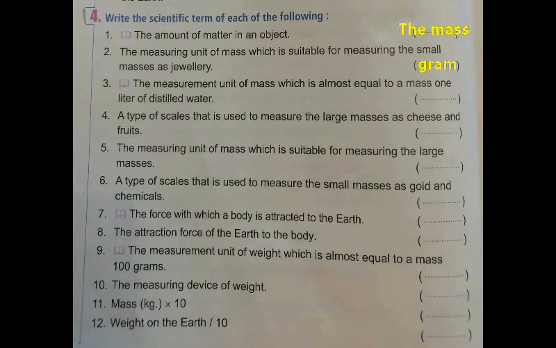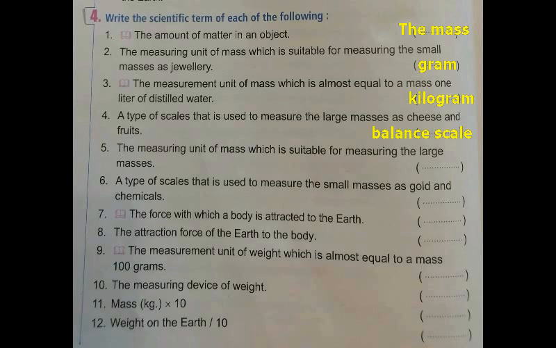Number 3. The measurement unit of mass which is almost equal to the mass of 1 liter of distilled water: kilogram. A type of scales that is used to measure large masses such as cheese and fruits: balance scale.